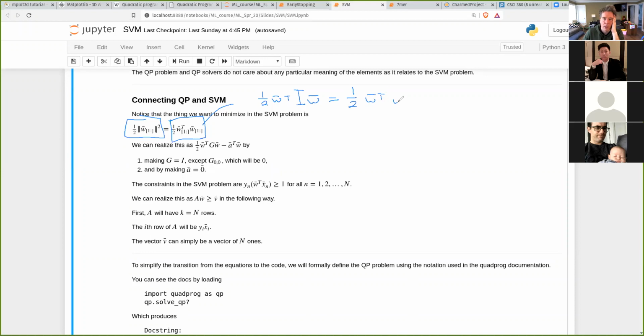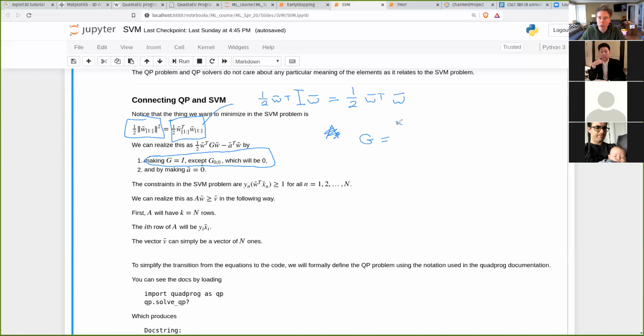1/2 W^T W. The only problem with that is we don't want to do it for the full W vector. We want to ignore the 0th element. So instead, we just do it with this matrix. We've called it A before. I guess I should call it G. G is just like I, except the first coordinate is going to be 0.